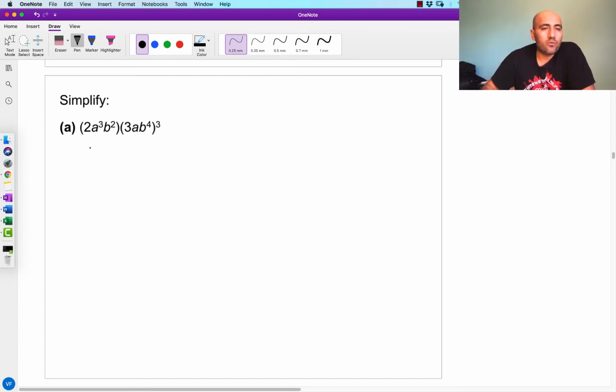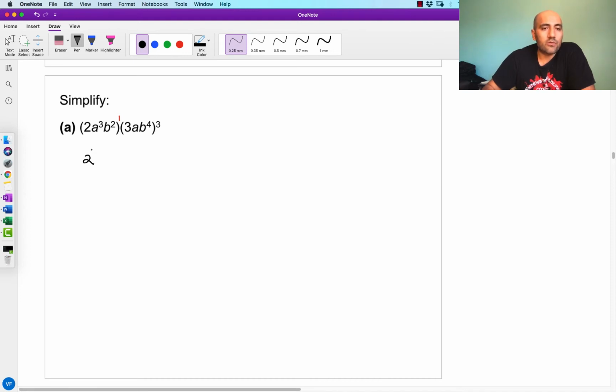Okay, so using our rules, by default, if there's nothing there, then that must mean that there's a little 1 here, right? There's one copy of this. This one is being multiplied by a 3, or being raised to the power of 3. So it's 3 copies of this, only 1 copy of those. So for that reason, each one of these is raised to the power of 1.